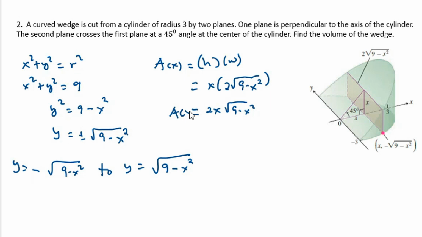So now we have the formula for A of x. Looking at the figure, we have the limits from 0 to 3. So the rectangles run from x equals 0 to x equals 3.